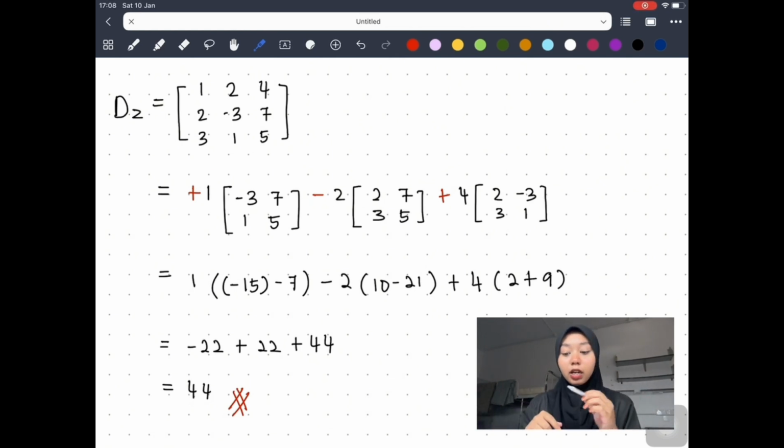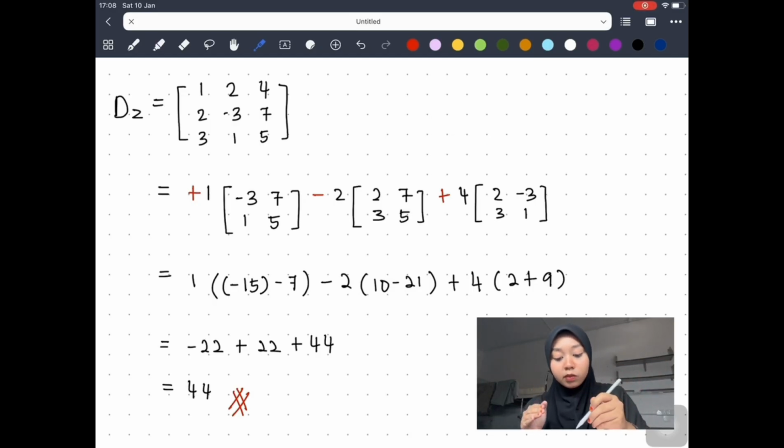Before we start, we choose the first line. For the numbers in the first line, we add positive, negative, and positive signs. We put positive in front of the number 1, and we cross multiply.